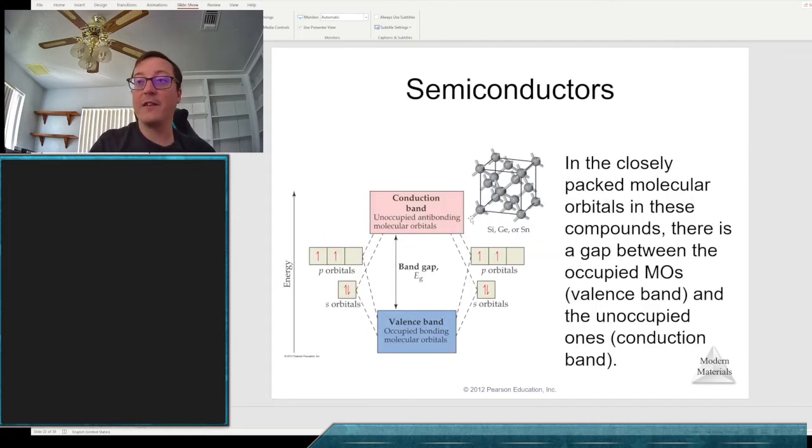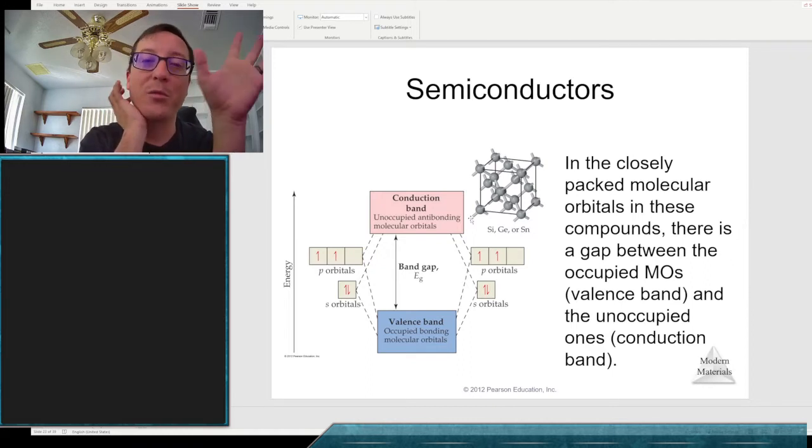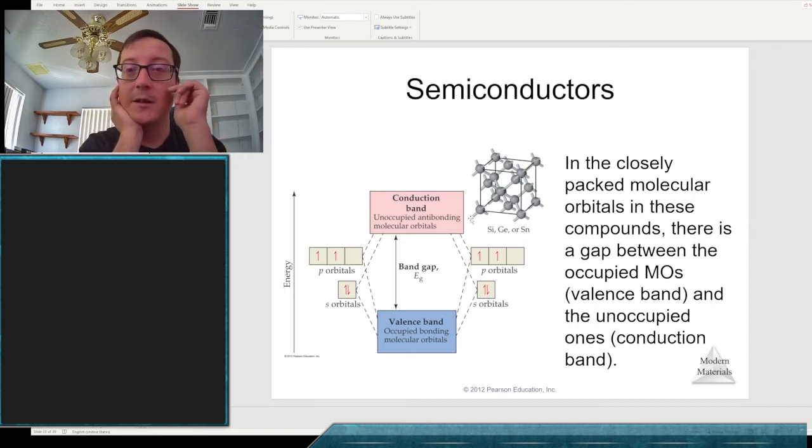But if you have a band gap, you have an energy difference between those. And if your energy difference gets too big, say above 3.5 electron volts or so, you become an insulator. So we're going to see that semiconductors have band gaps that are in between 0 and about 3.5 electron volts.